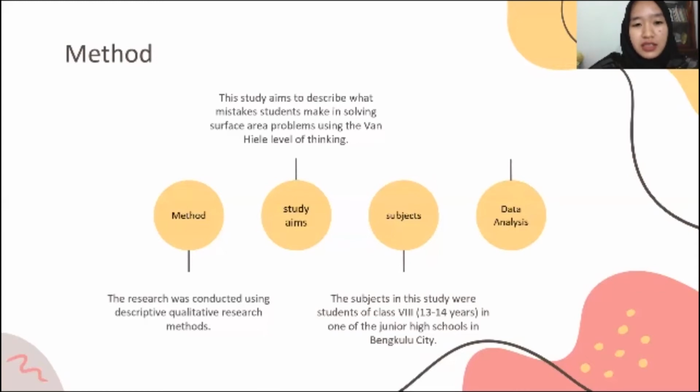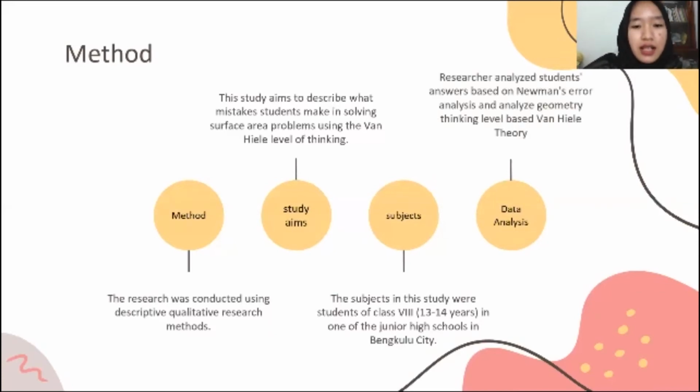The research instrument used was questions regarding the surface area of polyhedron that fulfilled Van Hiele level of thinking and interview with students. Data analysis. Researchers analyzed student answers based on Newman error analysis and analyzed geometry thinking level based on Van Hiele theory.